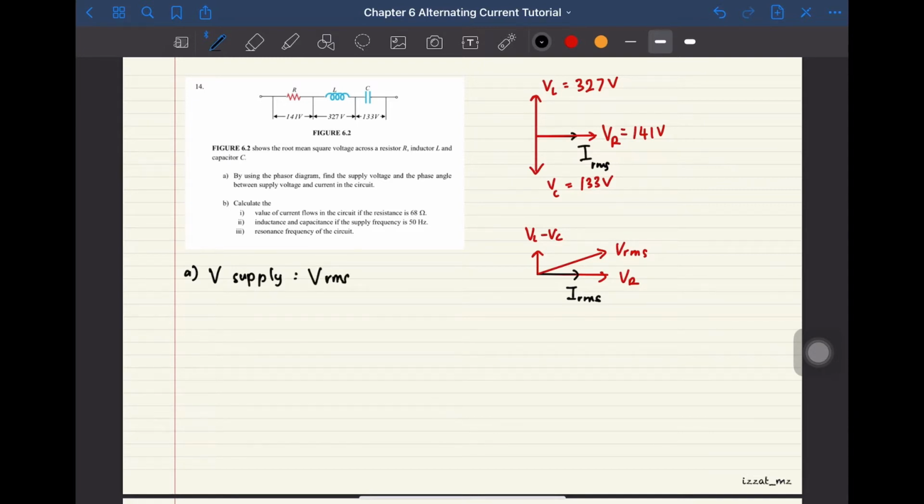Based on my phasor diagram, I can find my VRMS using Pythagoras, which is VL minus VC squared plus VR squared. So this is my vector there and there. A squared plus B squared, take the square root. So basically this is the formula.